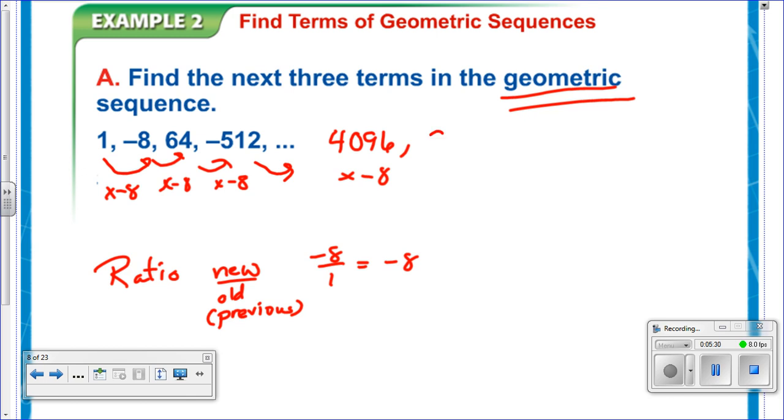And I'm going to get negative 32,768. So I'm going to multiply by -8 again. And this time I'm going to get 262,144, and that's all they wanted me to do.